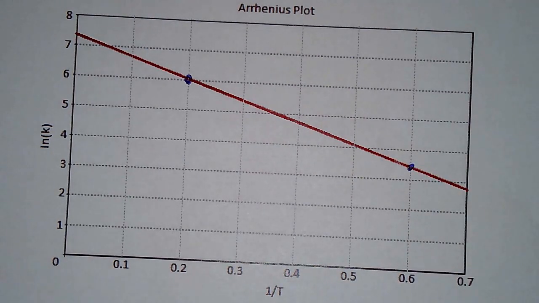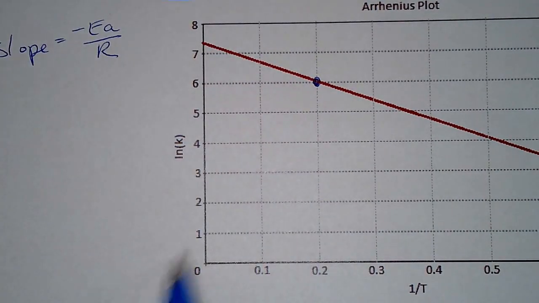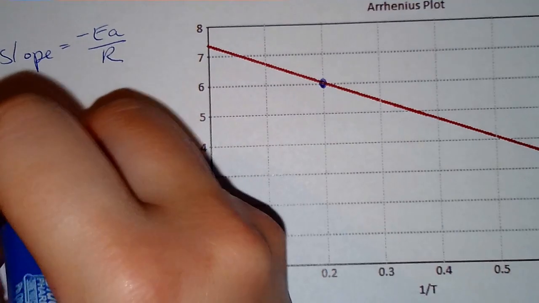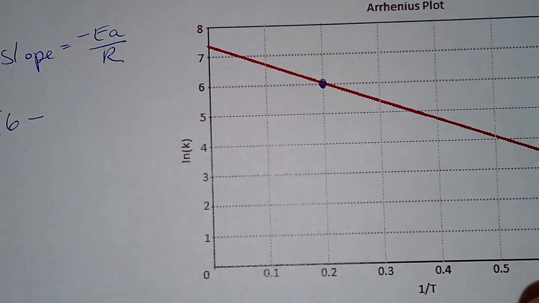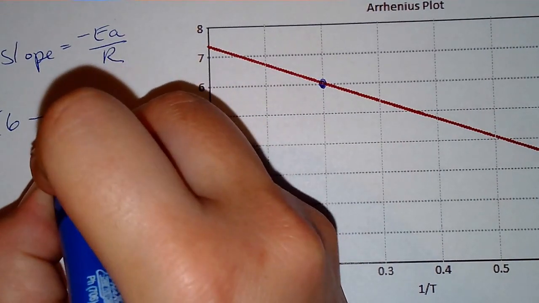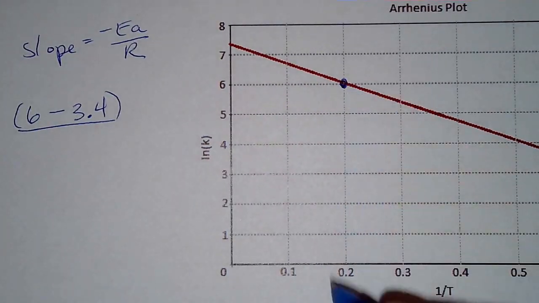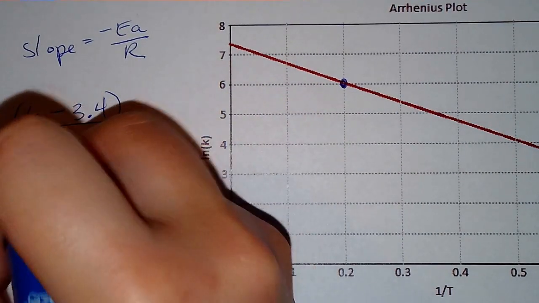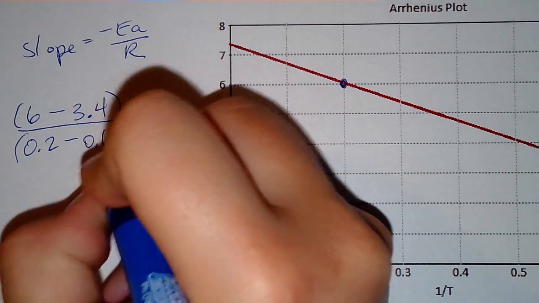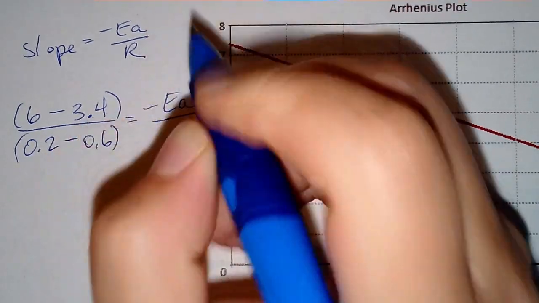So over here, our slope is 6 minus, we're going to say this is 3.4, over 0.2 minus 0.6. Alright, and this is equal to our negative activation energy over our 8.314.